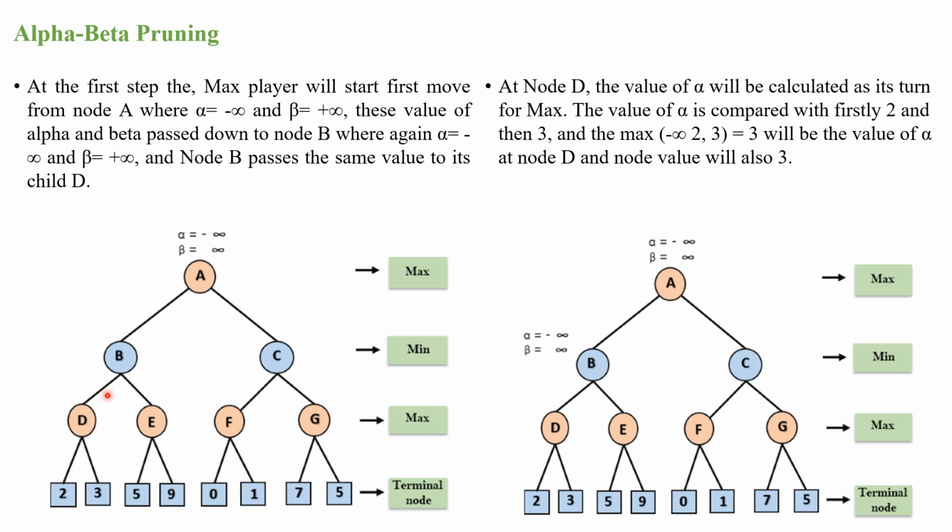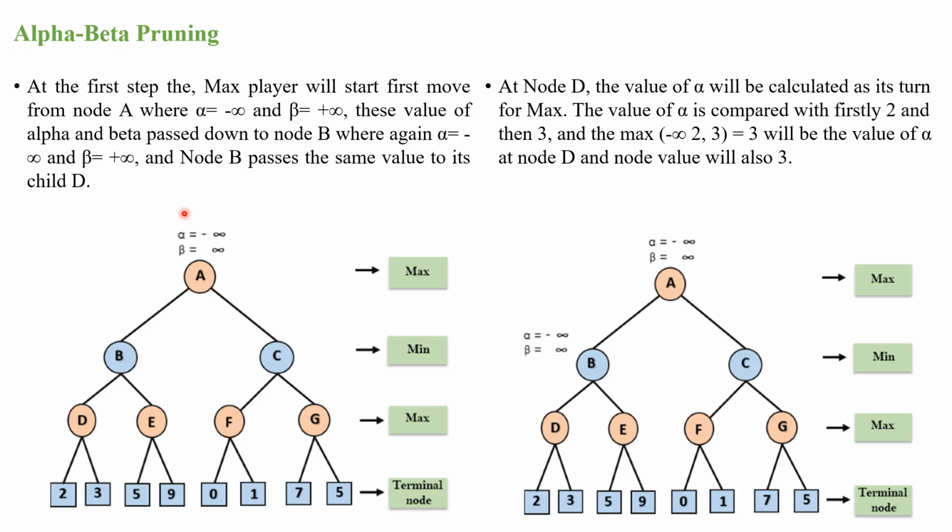Let us start from the parent node. For the parent node, what is alpha? Since it is a maximum node, alpha is minus infinity and beta is plus infinity.